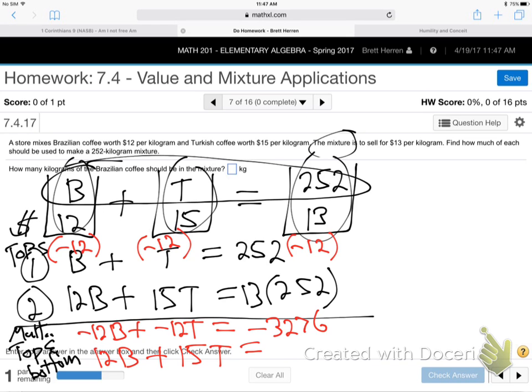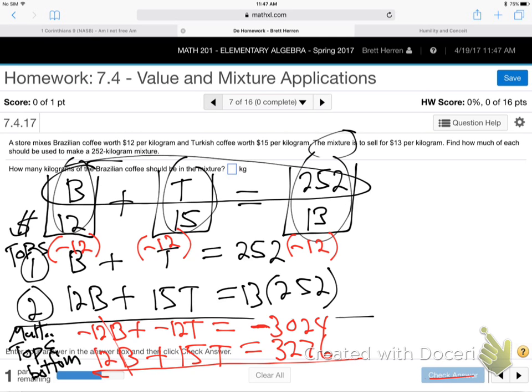Well, is the other number wrong then? Okay, I think these are reversed. So in other words, this one should be the 3276, is that right? And the top one is the 3024 negative? Okay, thanks. All right, so there we go.